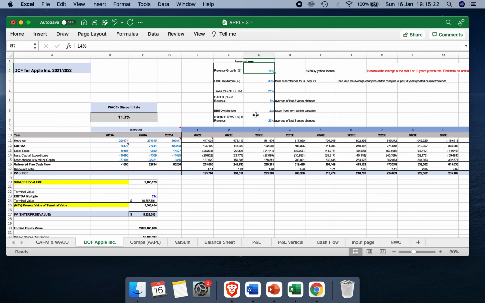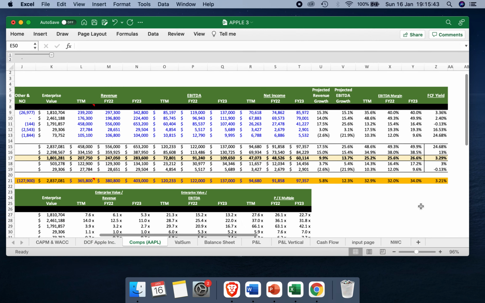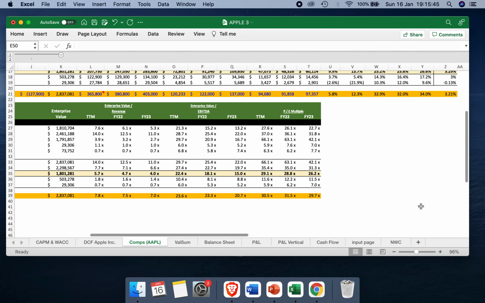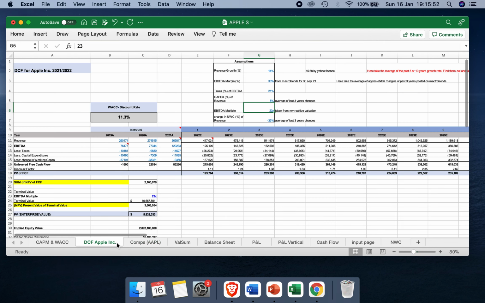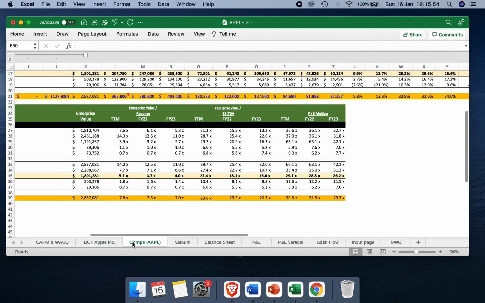EBITDA multiple, 23. Again, this is up to an analyst's opinion or calculation. According to my analysis, I thought 23 is reasonable because my relative analysis has got an EBITDA multiple of 23.